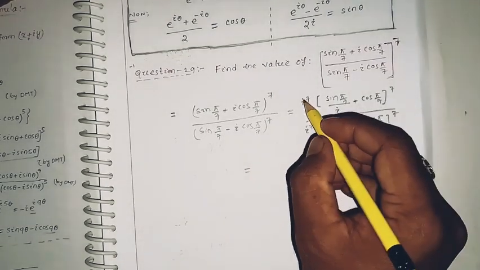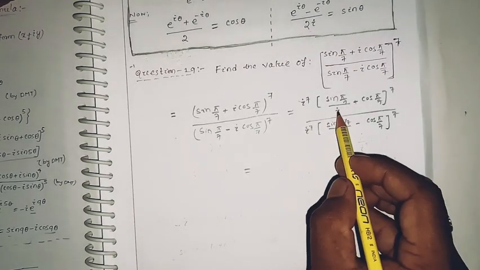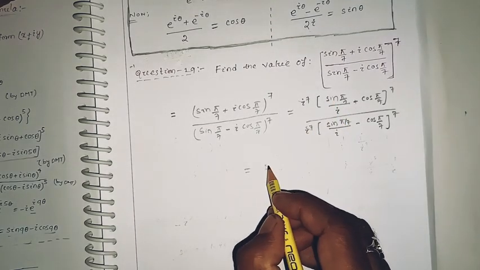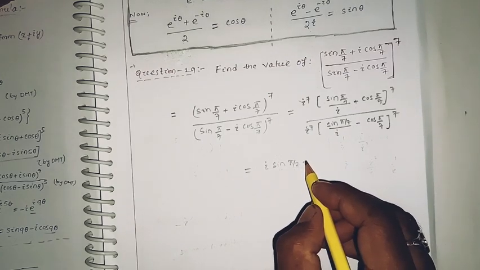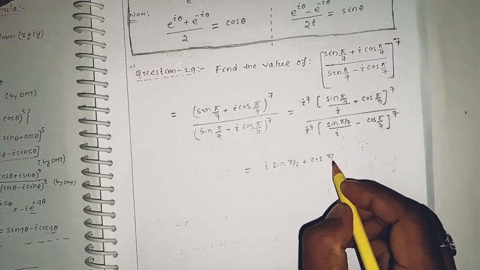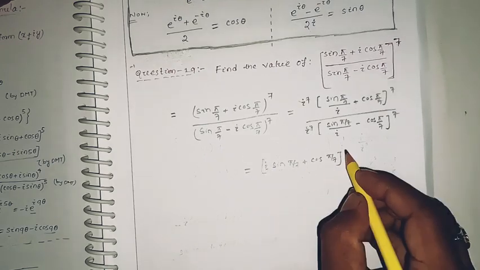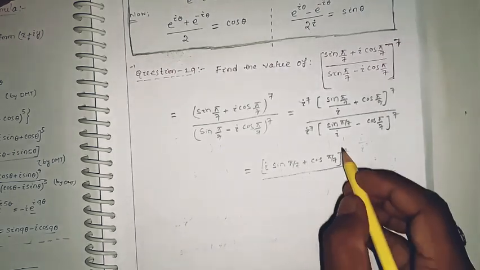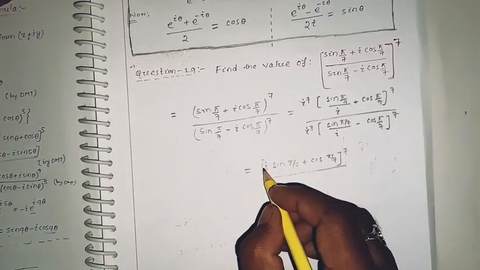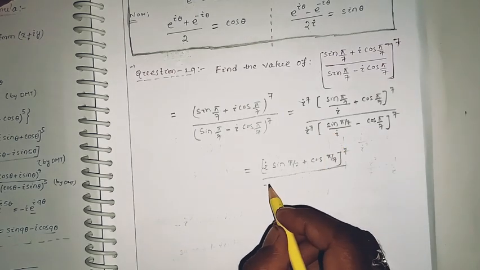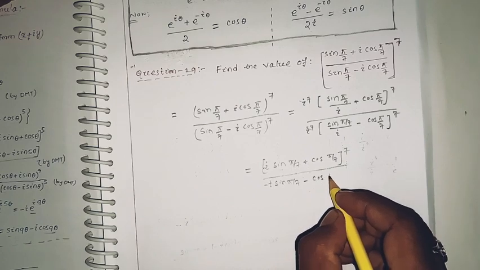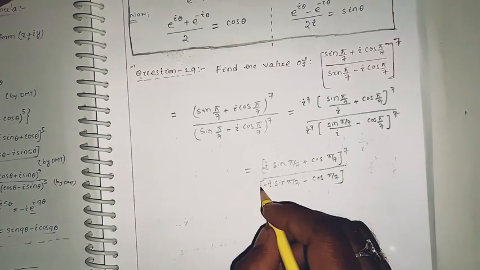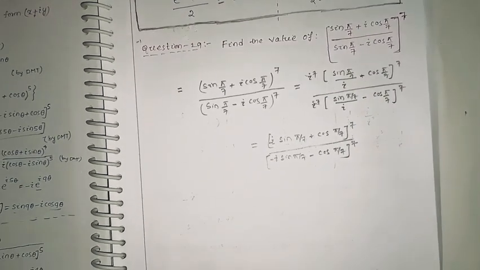So here i to the 7 gets cancelled. If 1 by i is moved to the numerator, it will be (i sin pi by 7 plus cos pi by 7) to the power 7 divided by, sorry, this will be minus i, likewise (minus i sin pi by 7 minus cos pi by 7) to the power 7, right?